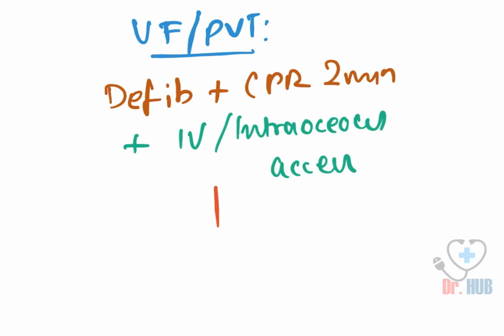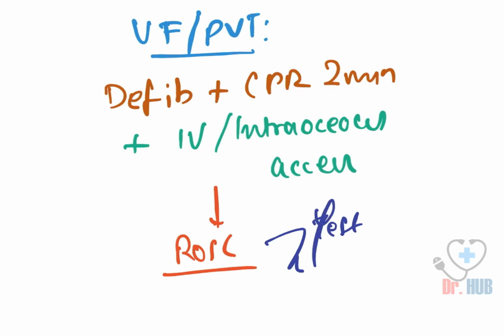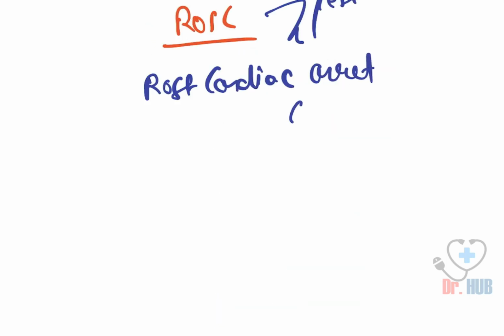Then we look for the ROSC, that is the return of spontaneous circulation. If it is yes, there is a return, then we do the post-cardiac arrest care.